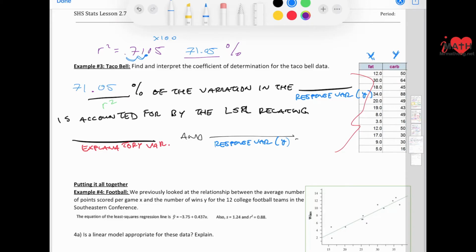The number of carbs, and the amount of carbs is accounted for by the least squares regression line relating, what was our x? Our x is the amount of fat, and the amount of carbs.